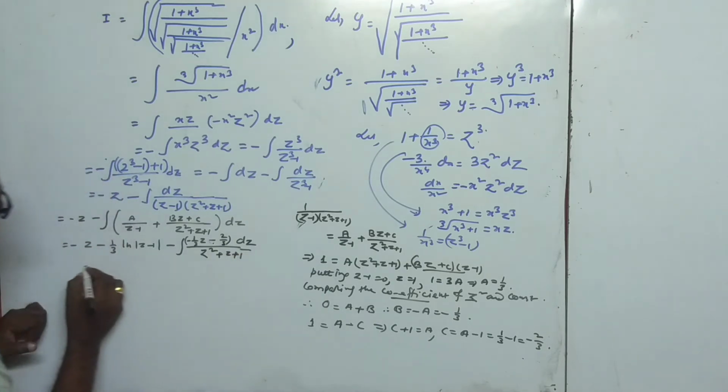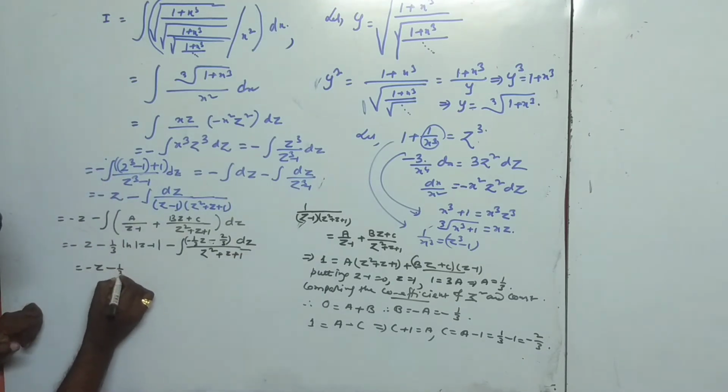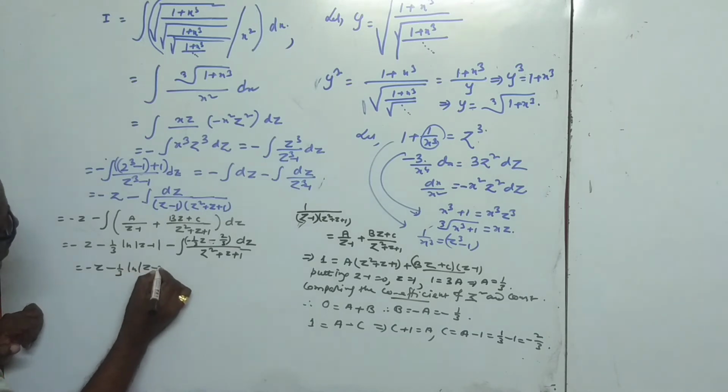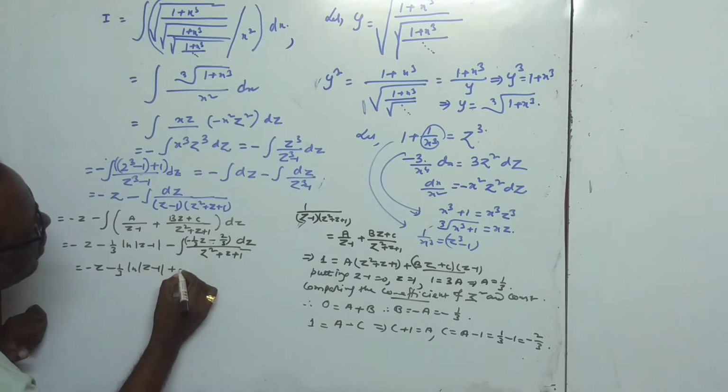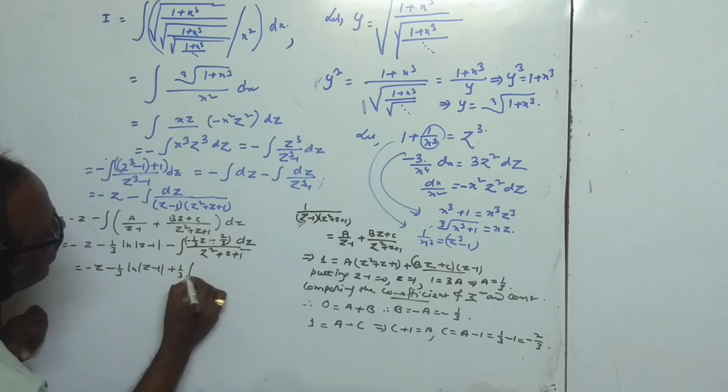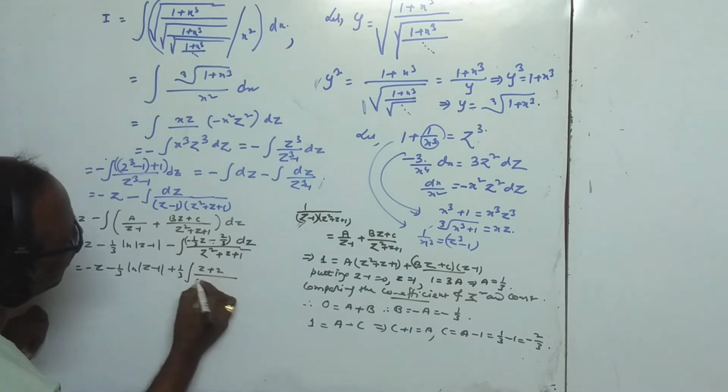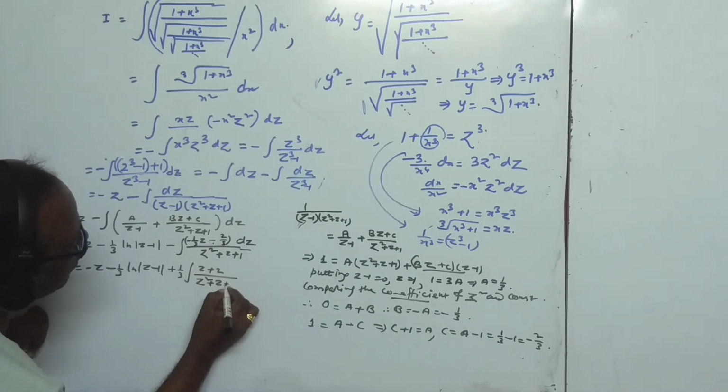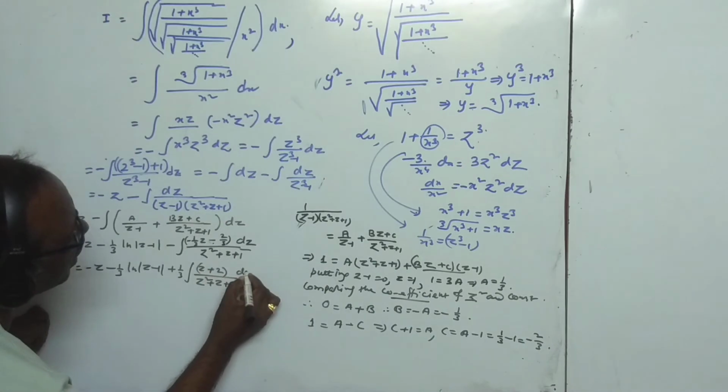Okay, minus z minus 1/3 ln z minus 1, taking common 1/3, and that is z plus 2 by z square plus z plus 1. Okay, and this is dz.